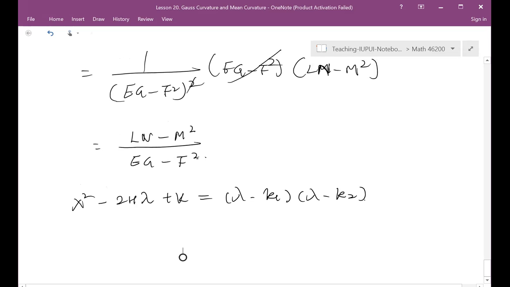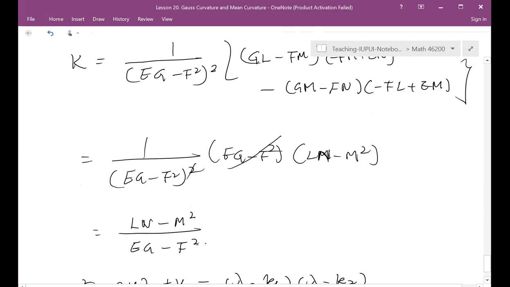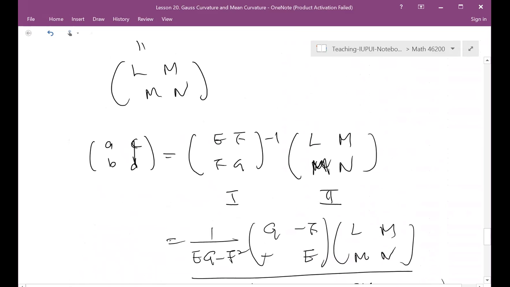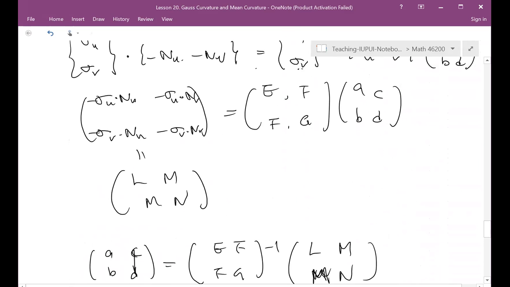So now, Gauss curvature and the mean curvature can be completely determined by the coefficients. Although the definition is pretty abstract, using the principal curvatures, this should be independent of the choice of a particular surface patch.